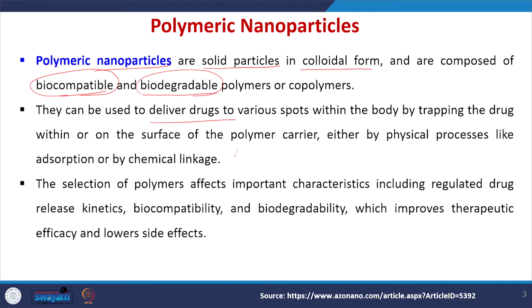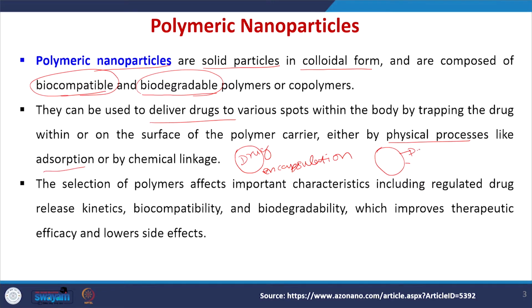For example, the drug can be loaded inside the polymeric nanocarrier, that is called drug encapsulation. And we can also add the drug on the surface through a physical process like adsorption.